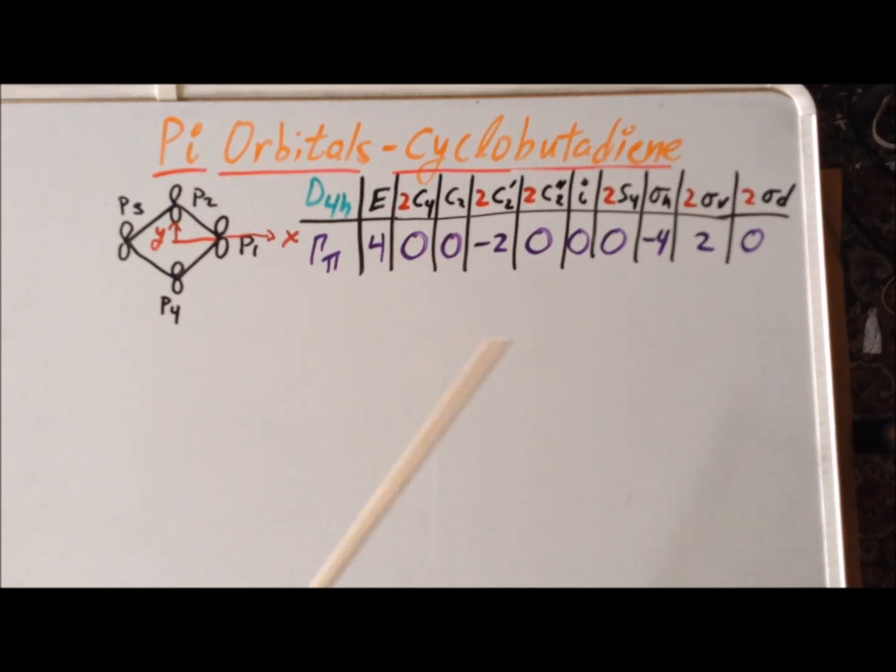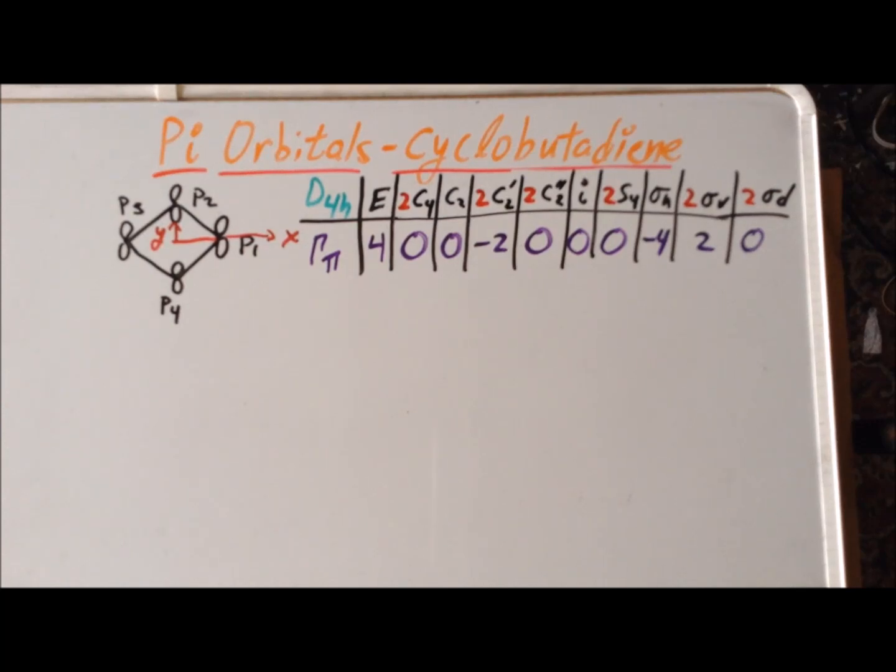Because of the size of this problem, to expedite our solution, we are going to make 2 special steps. The first step is, anytime there is a 0 in the reducible representation, we will simply omit those terms because 0 times anything leaves 0. So that reduces the amount of work that we have to do for each of the irreducible representations.